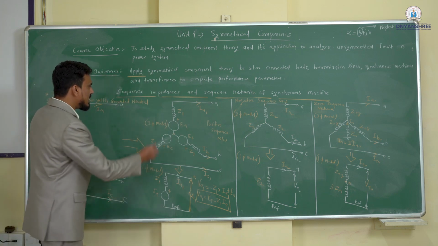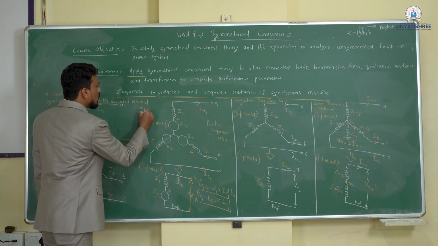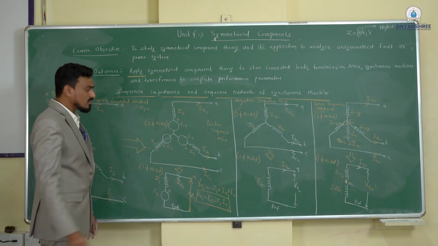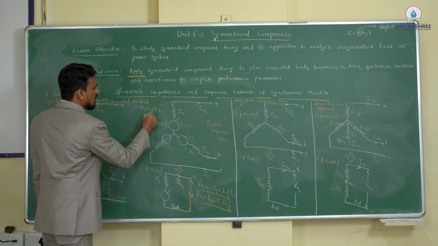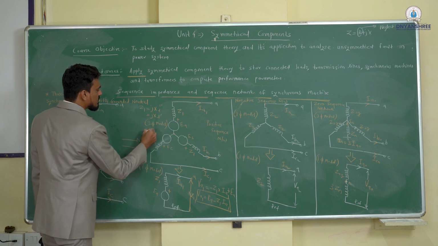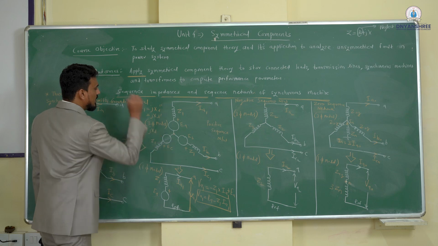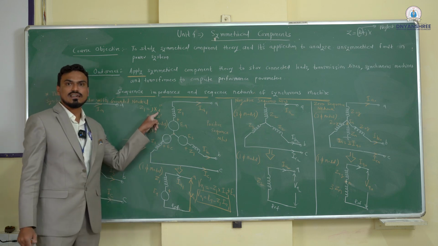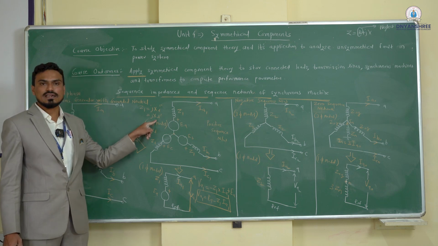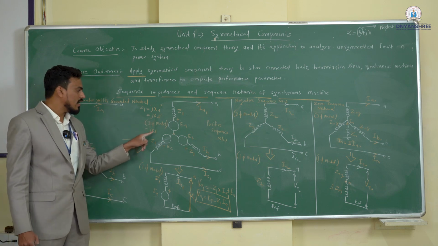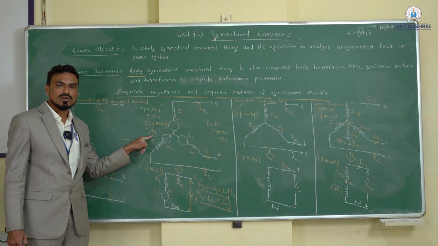Now talking about its reactances, if I want to know the value of Z1, Z1 has three values. First is jXd double dash, second is jXd dash, and third is jXd, where Xd double dash represents subtransient reactance, Xd dash represents transient reactance, and Xd represents synchronous reactance.